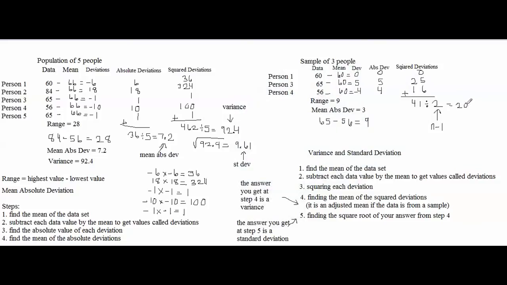That's the variance of our sample. And if you want the standard deviation, you just move on to step 5, which is just finding the square root of the variance.